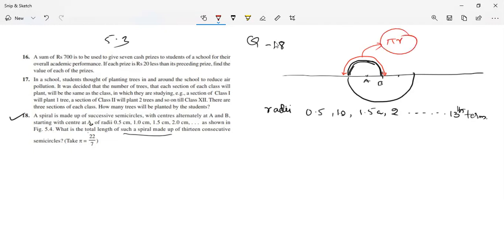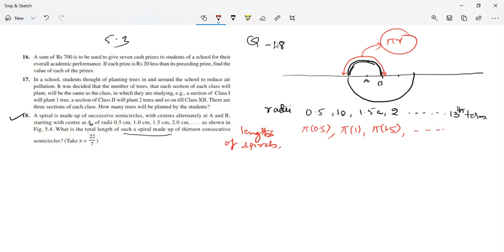That means the first semicircle will have pi r length, pi into 0.5 is the length of the first one, the second will have pi into 1, third will have pi into 1.5, and like this, so on up to 13 terms. So this we have to add to get the length of the spiral.